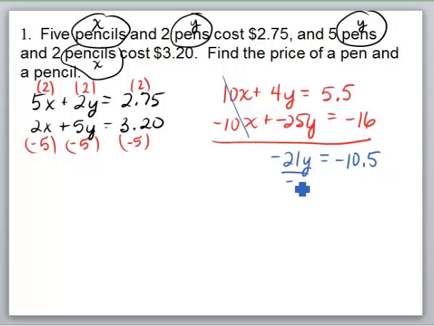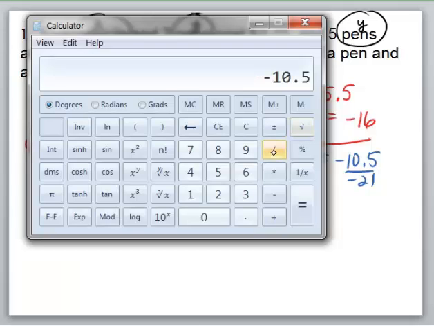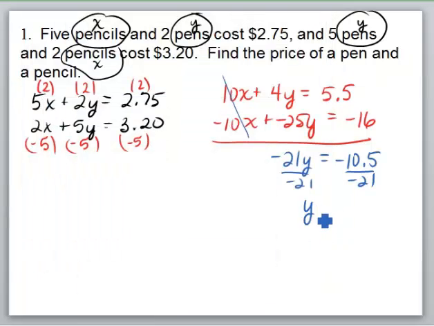Then what I'll do is divide by negative 21 on both sides. Divided by negative 21 gives me 0.5, or 50 cents. So y is 50 cents. Well, that means that my pens, which were y's, are 50 cents each.